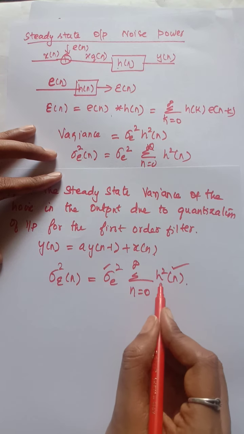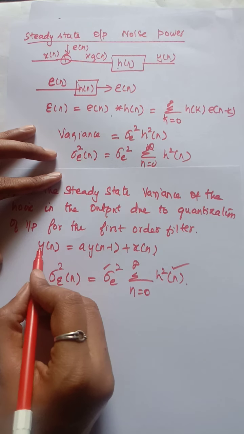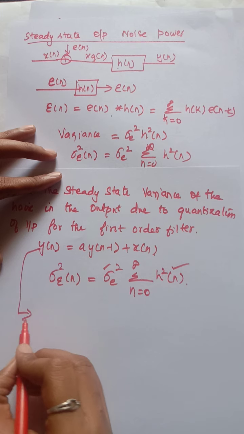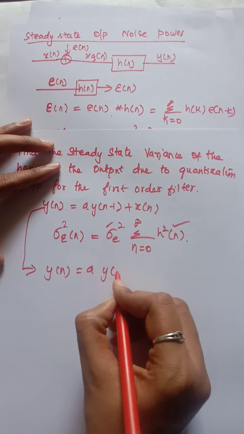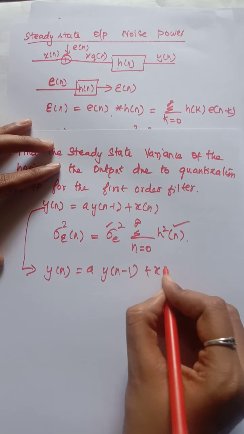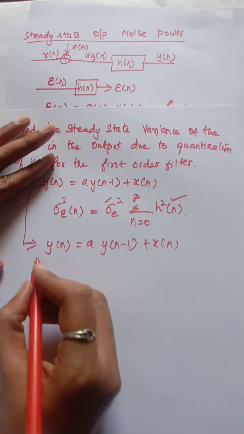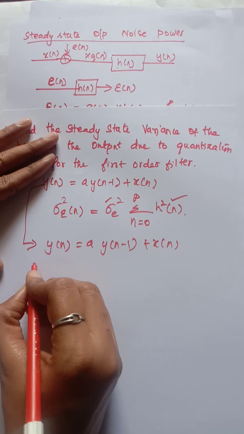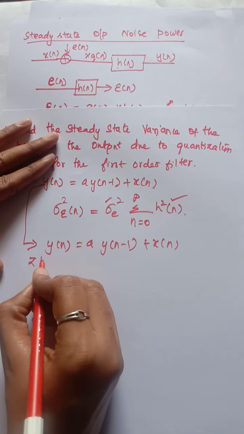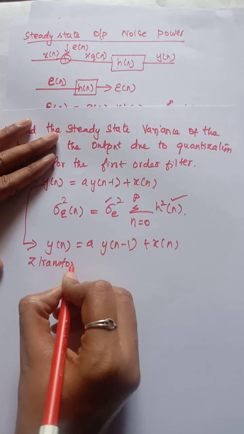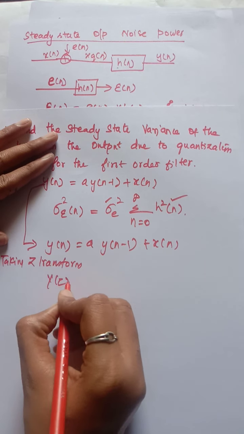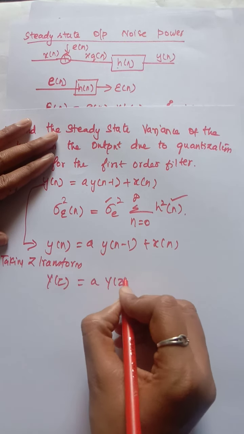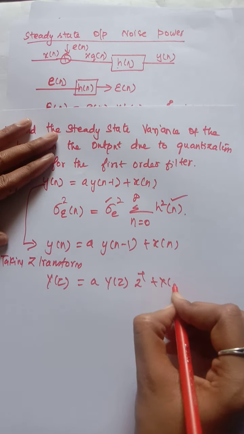To find h of n, consider the given equation y of n equals a into y of n minus 1 plus x of n. Here we may not be able to find h of n directly, so first we need to find H of z by taking the z transform. So Y of z equals a into z power minus 1 into Y of z plus X of z.